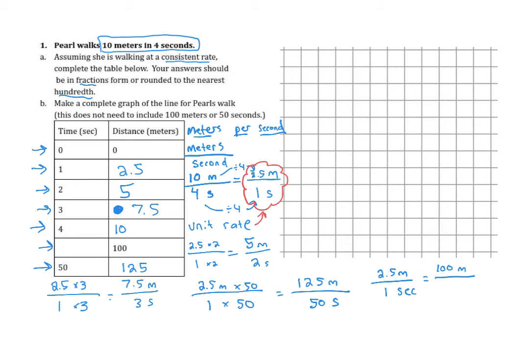Before we were multiplying, so now we're just going to divide. We're going to say, well, how many times does 2.5 go into 100? So we're going to say 100 divided by 2.5, and that'll get us 40. So it's 40 seconds. You can also look up to the one at the 4. It was 4 seconds. She went 10 meters, and just multiply that, and be like, well, that means for 100, it just has to be 40.